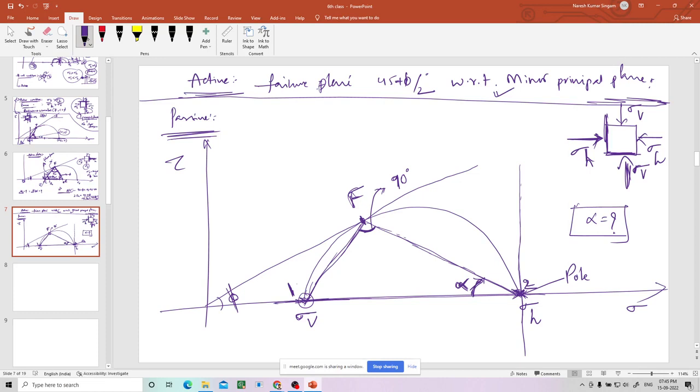So if this is 90, can you tell me what alpha is? This is 45. Why? So always it is 45. Can't it be 30-60 or 60-30? That is fine.